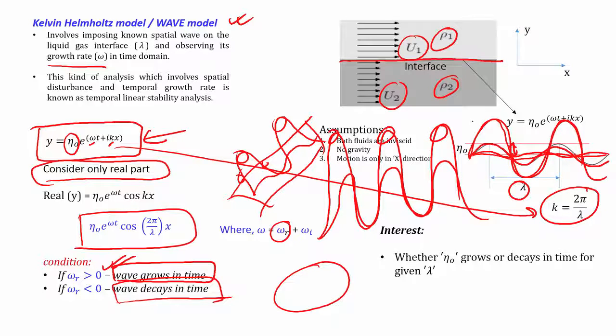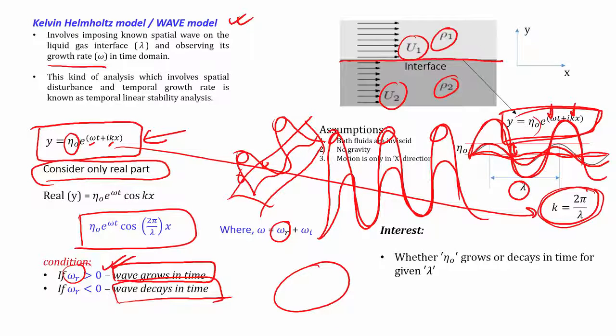So, the idea is to use a stability analysis to see what happens to the perturbation that you create on the surface of the sheet, which is an infinitesimal perturbation. This is the growth rate of those perturbations and this is the wavelength of that perturbation. The idea is to see that if the real part of the growth rate grows with time, then that perturbation will aggravate and become something like this, otherwise it will attenuate.